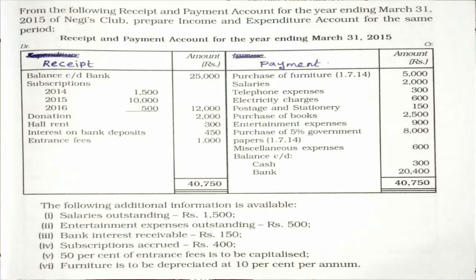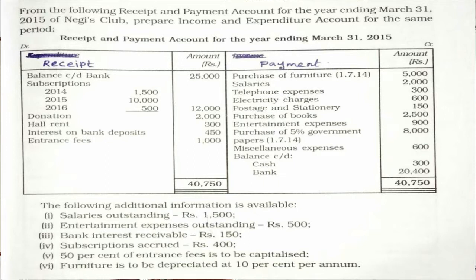Purchase of books, rupees 2,500. Then entertainment expenses, 900. Then purchase of 5% government papers on 1/7/2014, 8,000. Miscellaneous expenses, rupees 600.